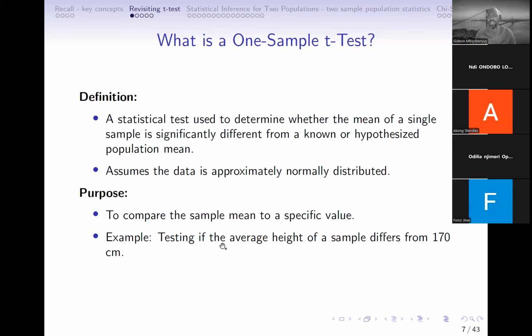If we say that in this class, the average student has a height of 170 centimeters, maybe we do not have enough time to measure the height of all the students, so we simply take a small number of students, measure their height, and get their average height.